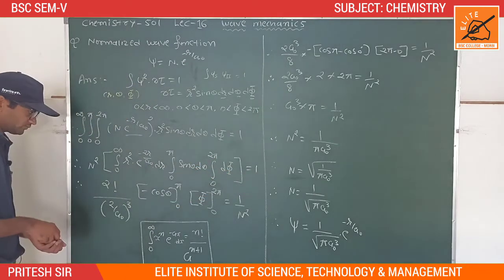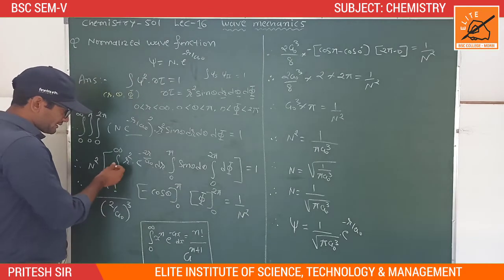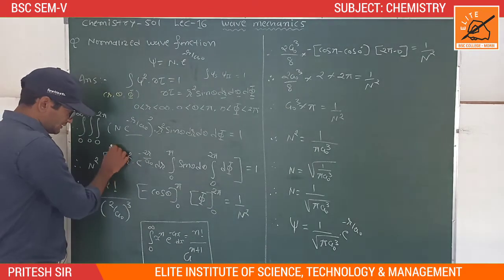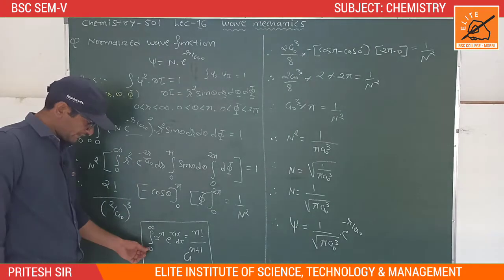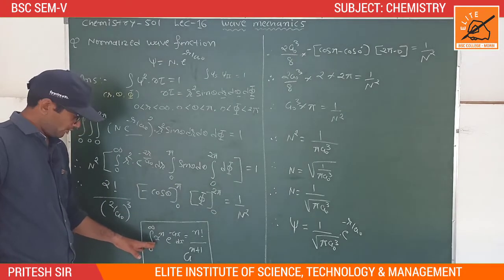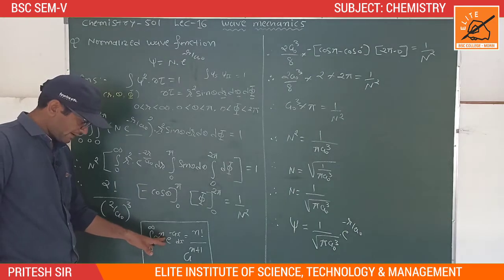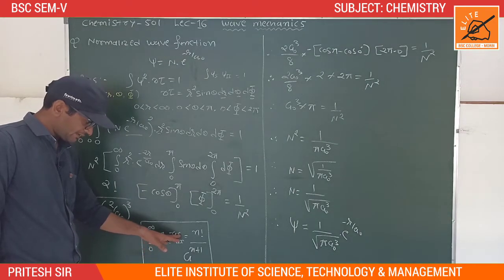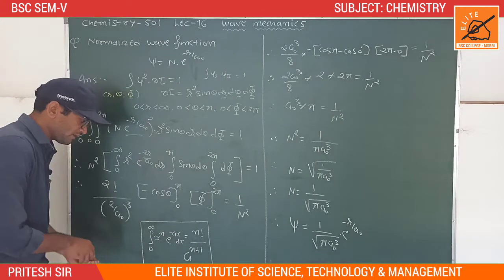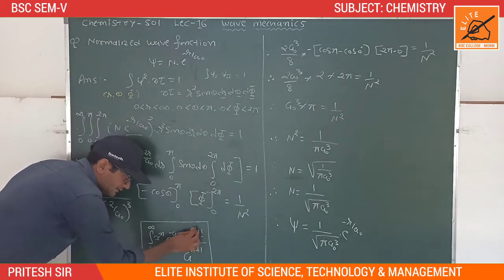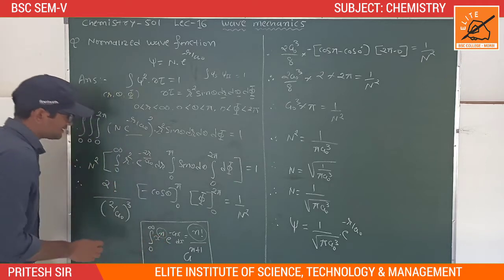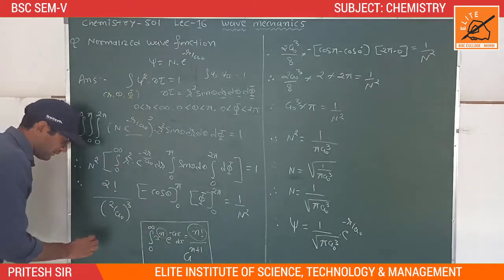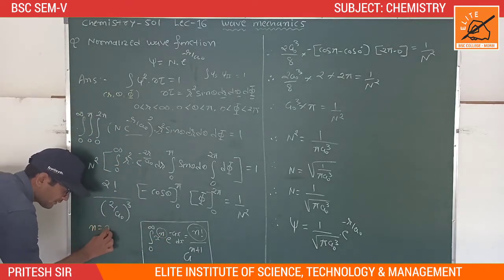First, what is the basic integration formula of this type of equation? The basic formula is the integral of x to the power n into e to the power minus ax dx, which is equal to n factorial, and so on. Here n is the power of x. The power given is r to the power 2, so the value of n is equal to 2.